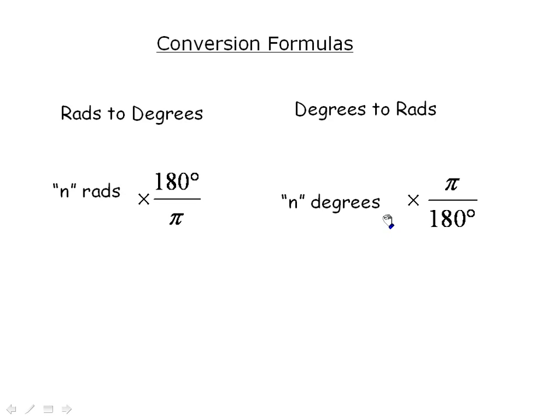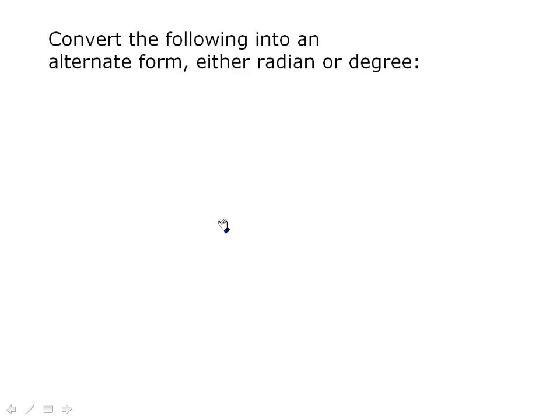You may recognize this method as dimensional analysis used in sciences, where you're introducing, in this case, degrees, and you're canceling out pi, which is going to be in the radian measure. And the same thing is true with the other form, with degrees to rads, is that you introduce pi and you cancel out the degree symbol.